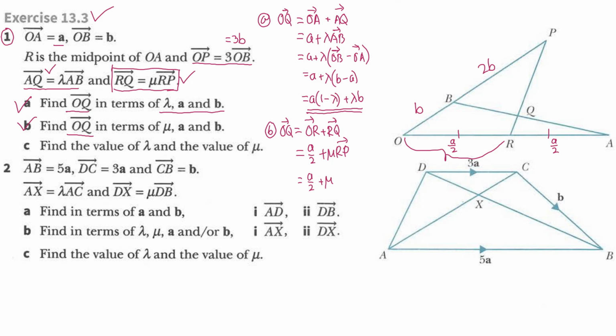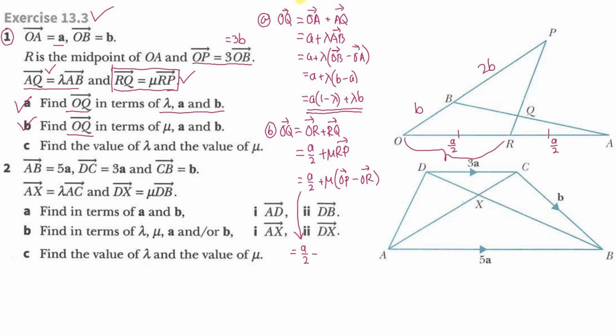What is RP? We can write it as OP minus OR. According to position vectors, you can write any vector this way, OP minus OR. If you don't know this, you may see my previous tutorial on vectors. I have done all the questions of 13.1 and 13.2 in my previous tutorial, so you may see my working there.